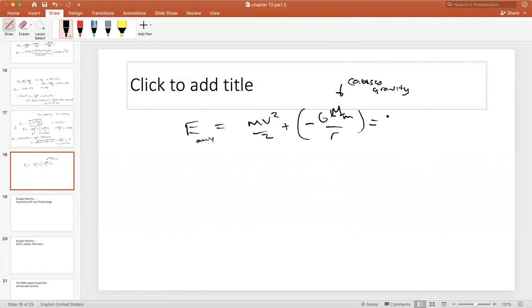And this is equal to GMm over 2r minus GMm over r, which again gives us that E at any time is GMm over 2r.